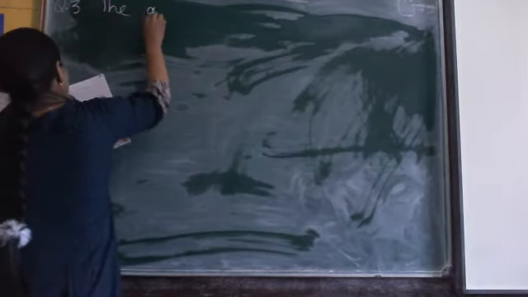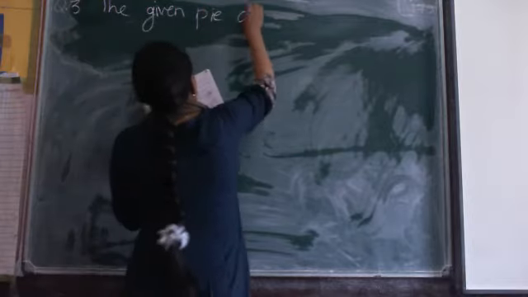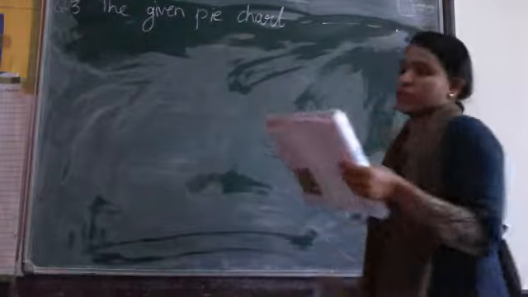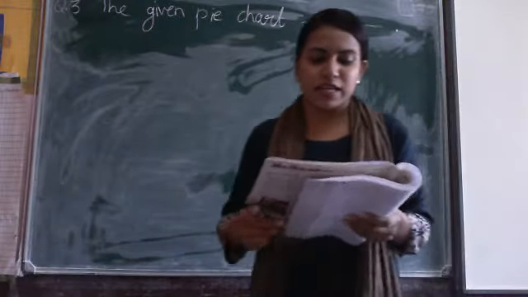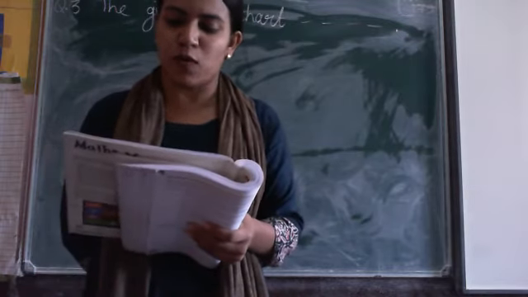Now question number 3. The given pie chart shows... read question number 3 carefully. The given pie chart shows the favorite animals of a group of children.